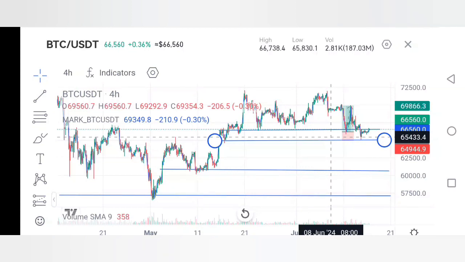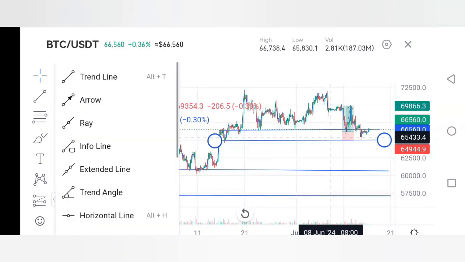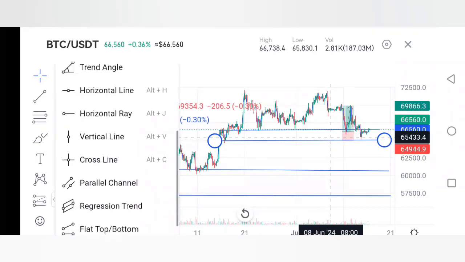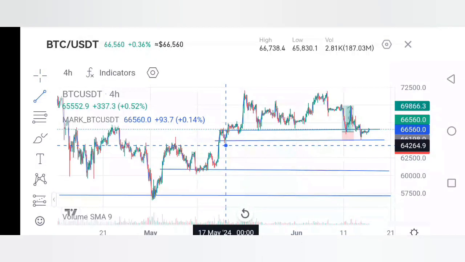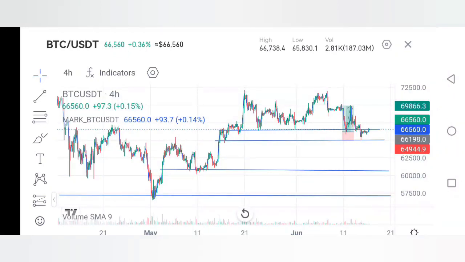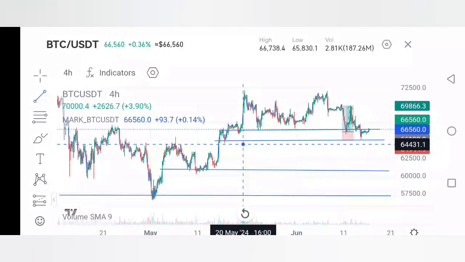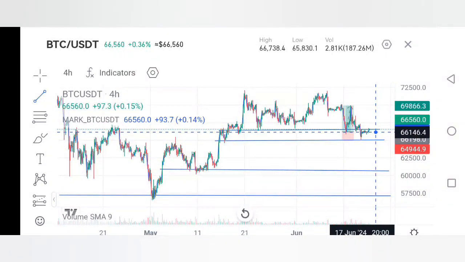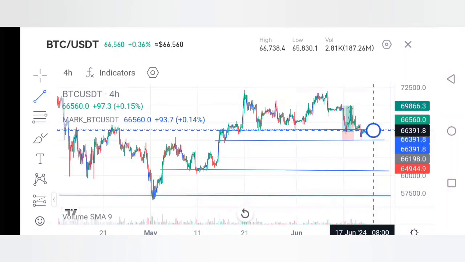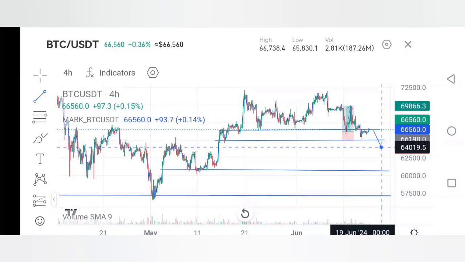If the market should go this way, no. So since it has gone up, we're expecting a break towards the downward mark. I hope you're seeing what I'm doing.